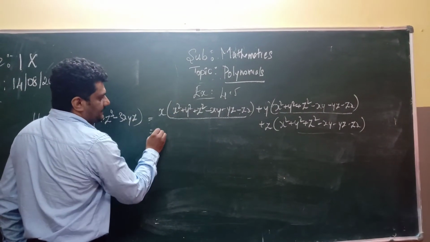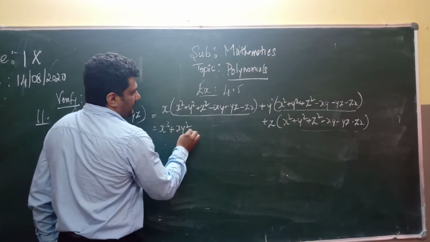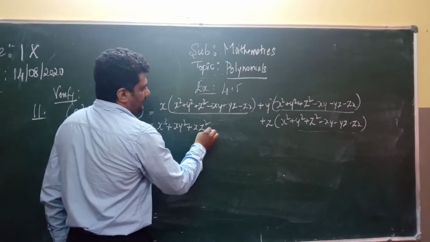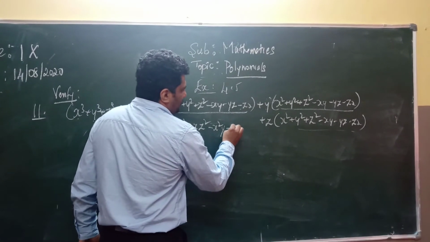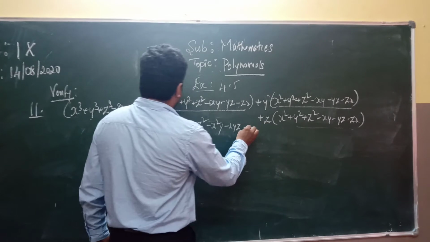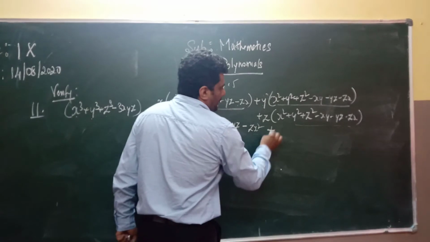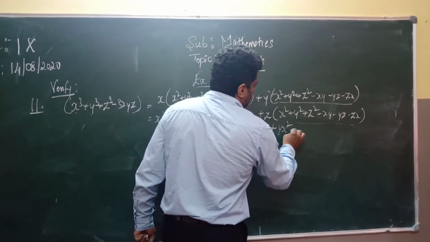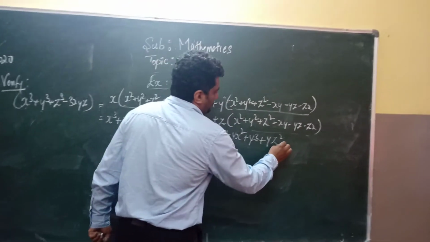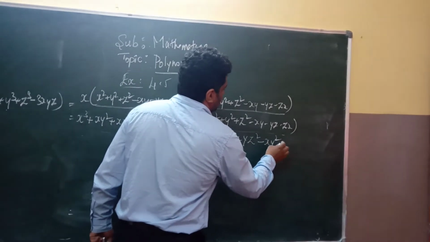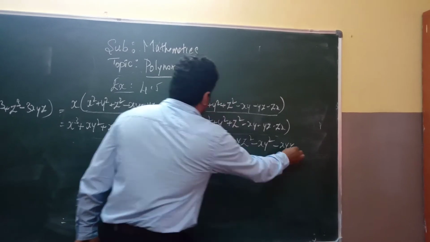We get x into x squared, x cubed, plus xy squared, plus xz squared, minus x squared y, minus xyz, minus zx squared. This is for this. Plus yx squared plus y cubed plus yz squared minus xy squared minus xyz.